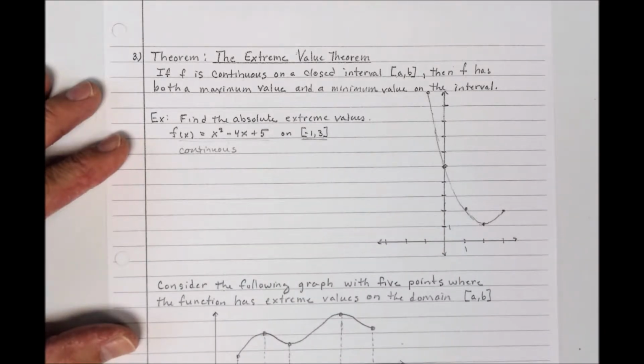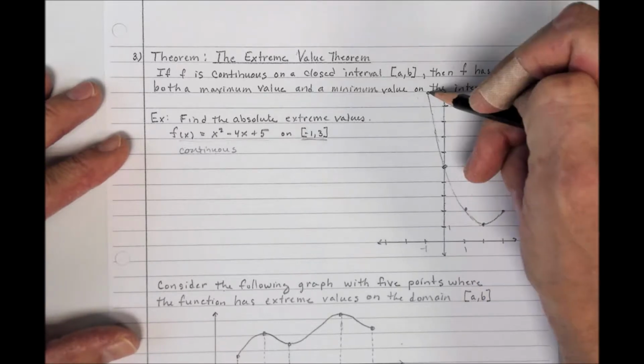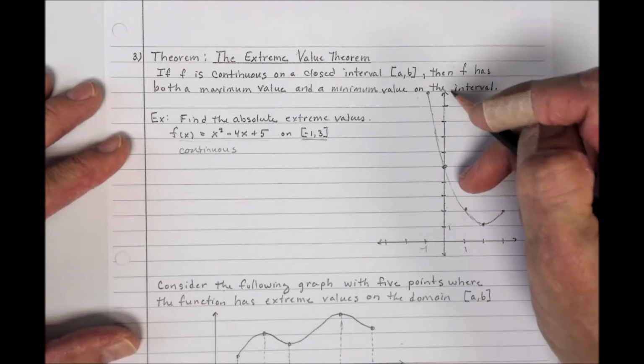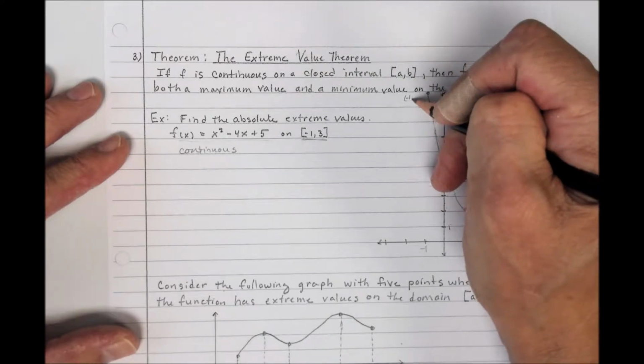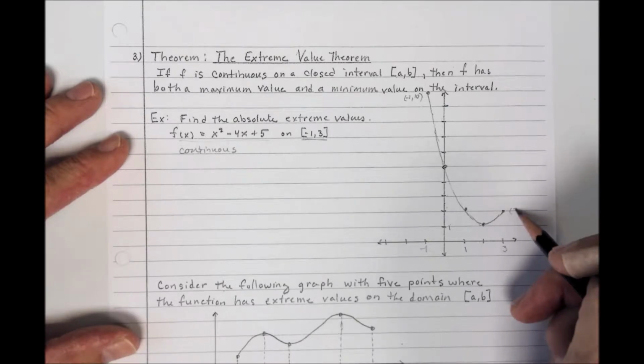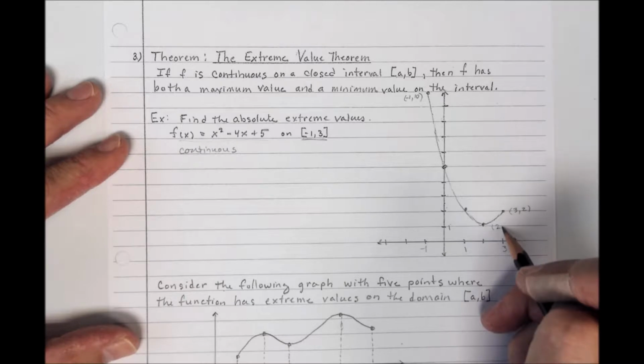So what I did here, and I tried to anyway, here's -1. You're way up here at 1, 2, 3, 4, 5, 6, 7, 8, 9, 10. This is -1, 10. And then over here at 3, this is 3, 2. And of course the vertex is down here. This is 2, 1.